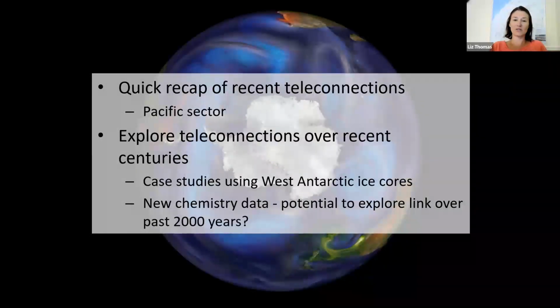Finally, I'm going to do a little plug for some new data compilations we've been working on as part of the Clivash 2K working group, and explore how they may be used to look at this teleconnection over much longer time periods.